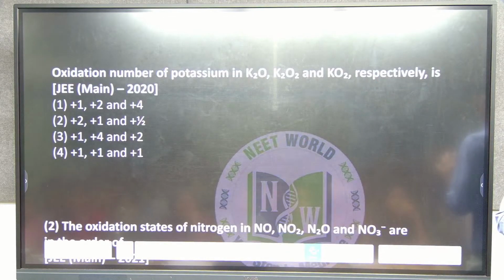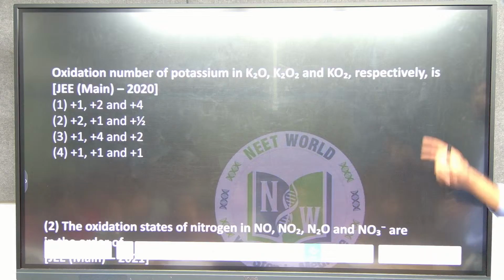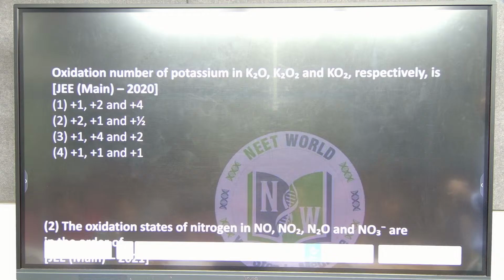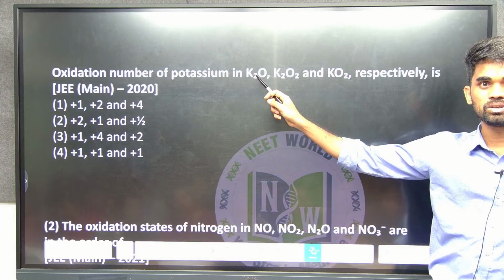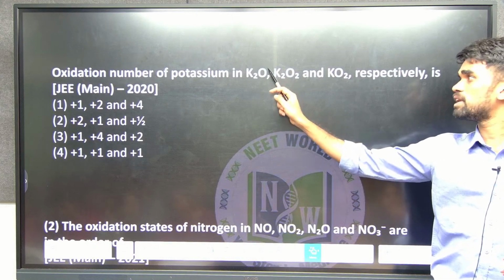So now tell me once again, for potassium it will always be +1, sodium also +1, like that for all alkali metals. Okay, now tell me for oxygen atoms. If potassium is +1, how many potassiums are there? So it is +2. Oxygen will be?